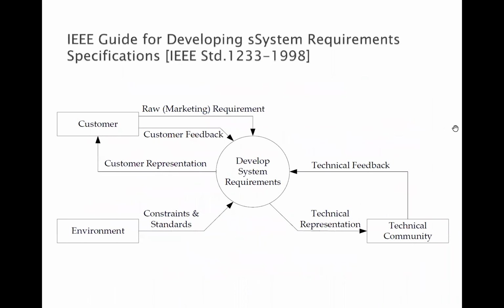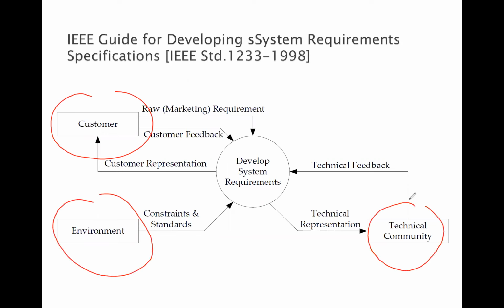So this is the IEEE guide for developing system requirement specification, the standard number given in the previous slide. When we are developing a system requirement, there are three stakeholders, as we have listed in the previous slide: customer, environment, and technical committee.